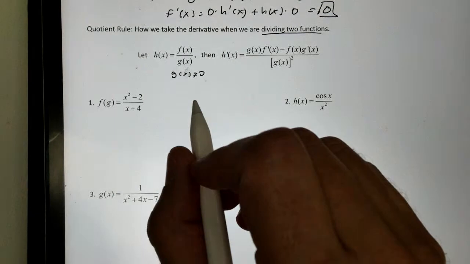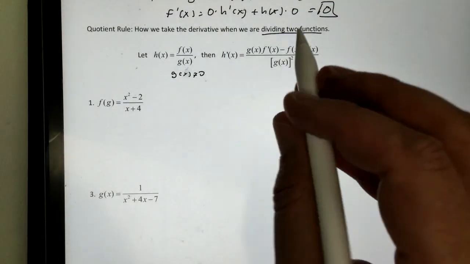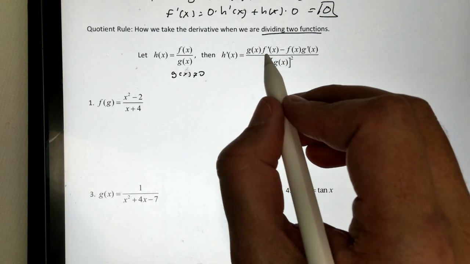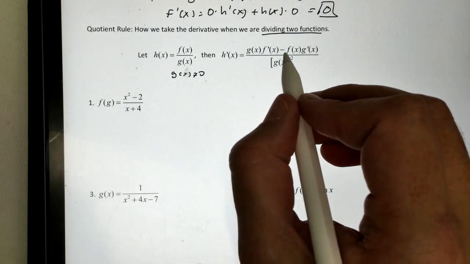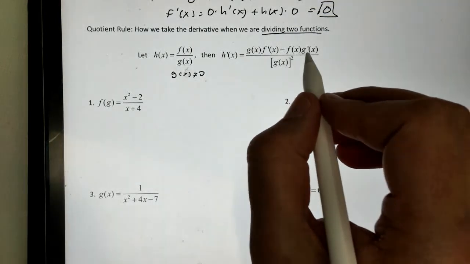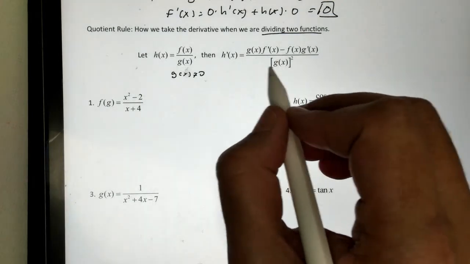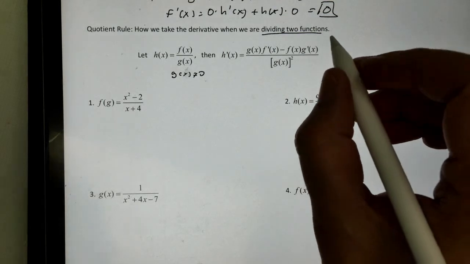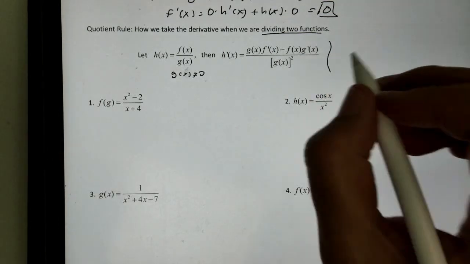So the derivative is very simple. What it says is we're going to take the bottom function, multiply it by the derivative of the top, minus the top function times the derivative of the bottom, and we're going to divide that by the bottom function squared. Now, I have a hard time remembering this way, so I tend to write it this way.